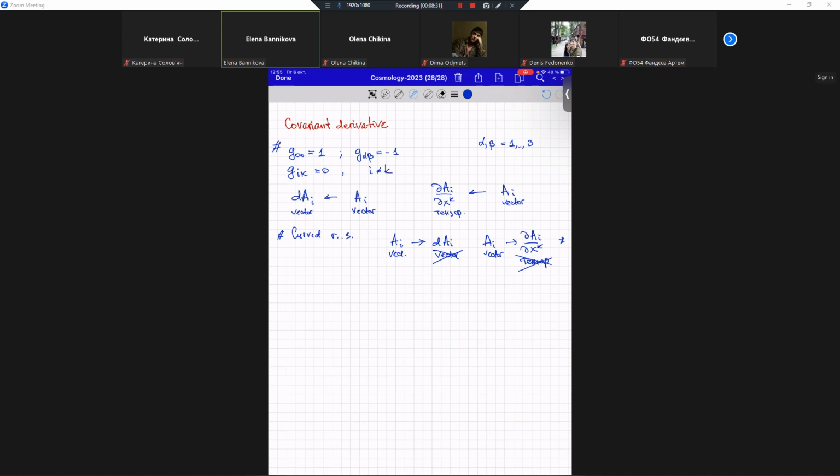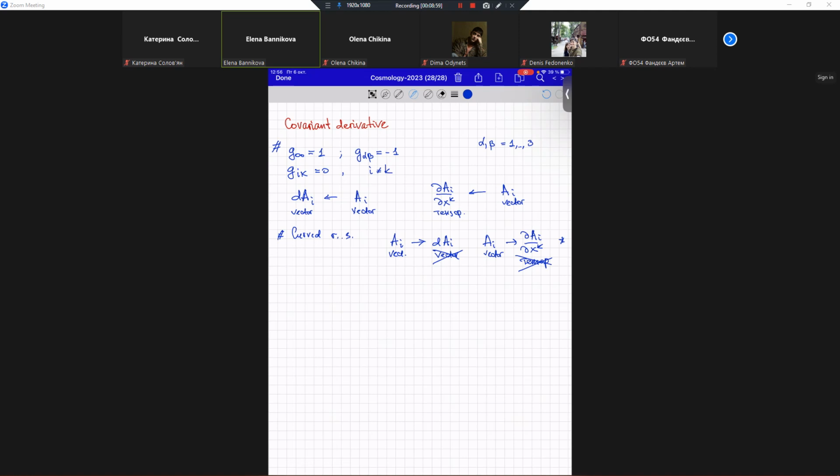We can really prove this. Let's prove it and see it: the derivative of the vector A_i does not transform from one coordinate system to another as a tensor.